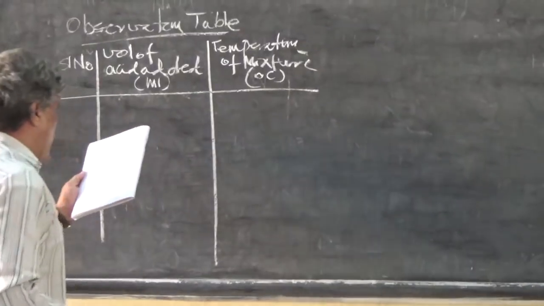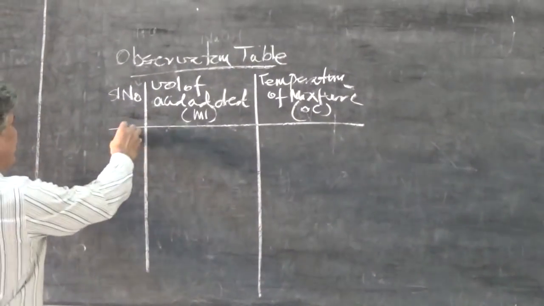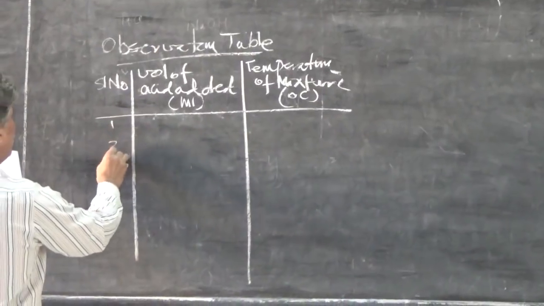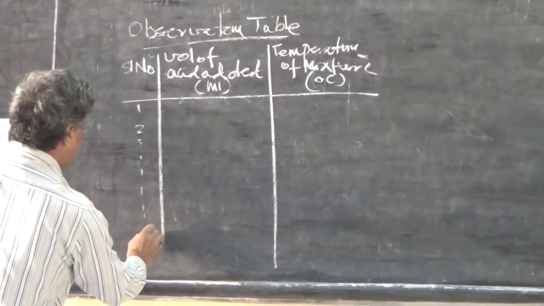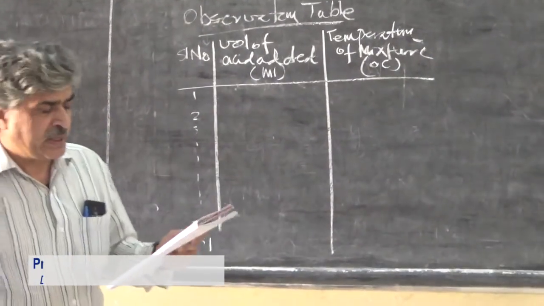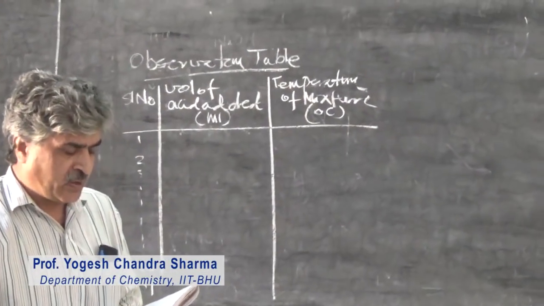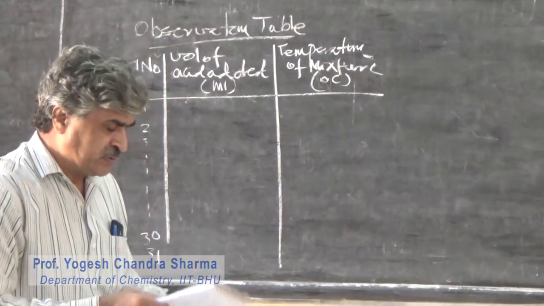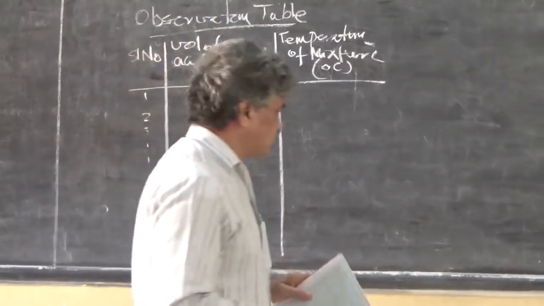This way we go on recording so many values, 1, 2, 3, up to 31 values.